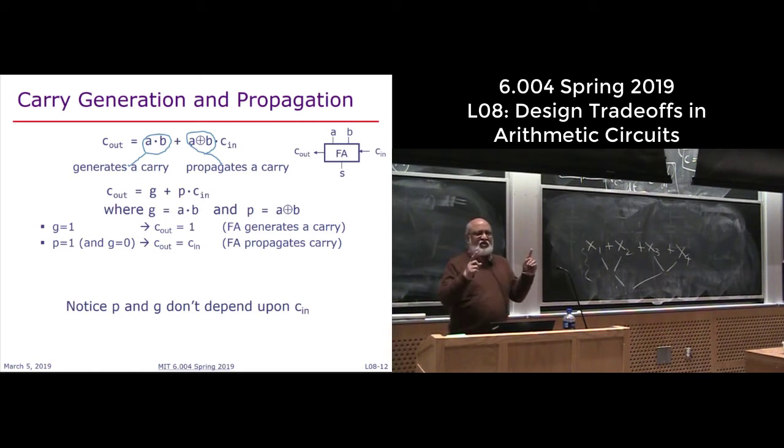Generate and propagate properties do not depend on the value of Cn. Therefore, there is a chance that maybe I can compose it, so that I can take a 16-bit quantity, 32-bit quantity and figure out what is its generate property, what is its propagate property. If we can do that, then in the end we'll be able to figure out how to propagate the carry in very fast from this.